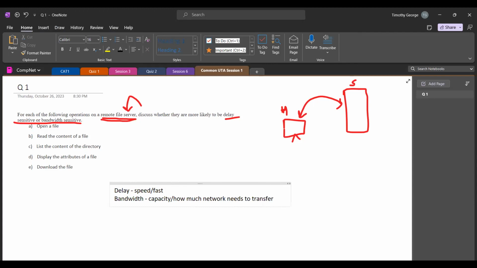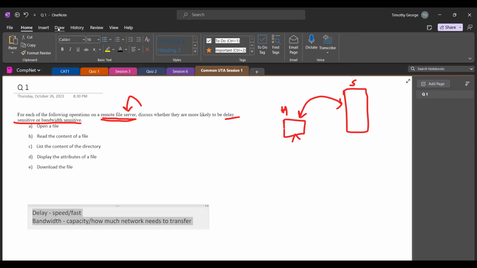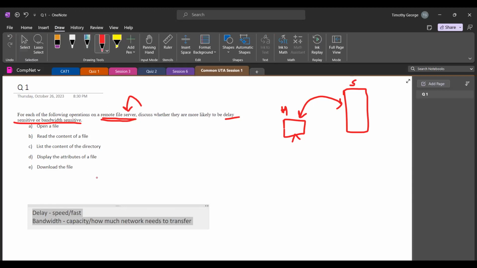So if you're solving this question, you need to first think: are you looking to increase speed, or are you looking to get as much capacity as you want? Now let's go through the options.